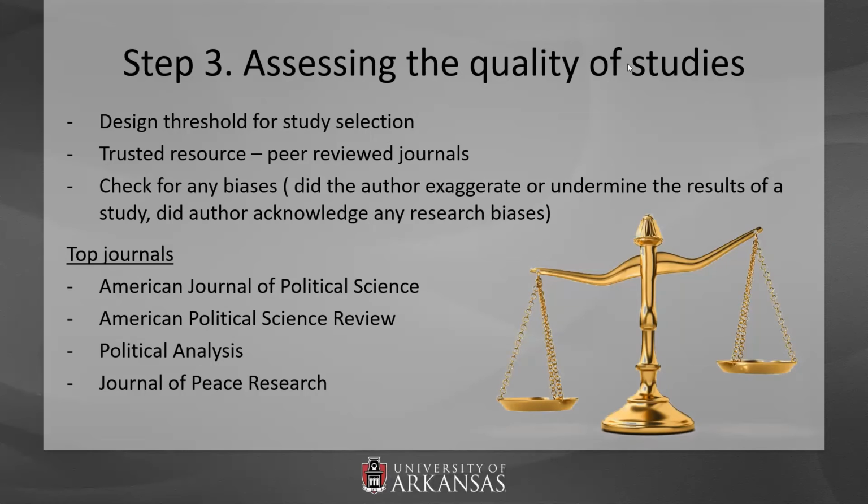Did the author exaggerate or undermine the results of a study, or did the author acknowledge any research bias, etc. So there could be any kind of biases in a research work. This is normal, but you need to identify where the biases are and how you're going to address those biases in your research.